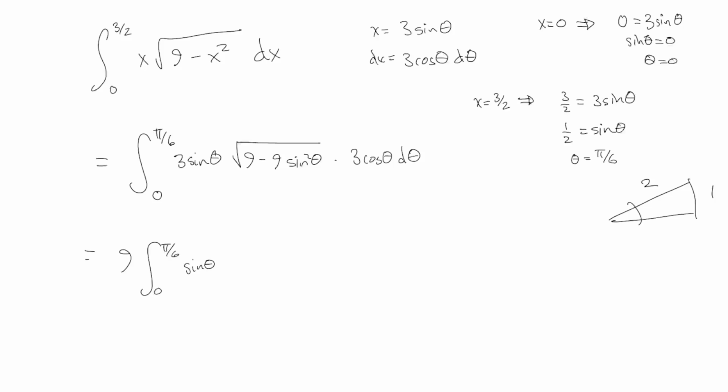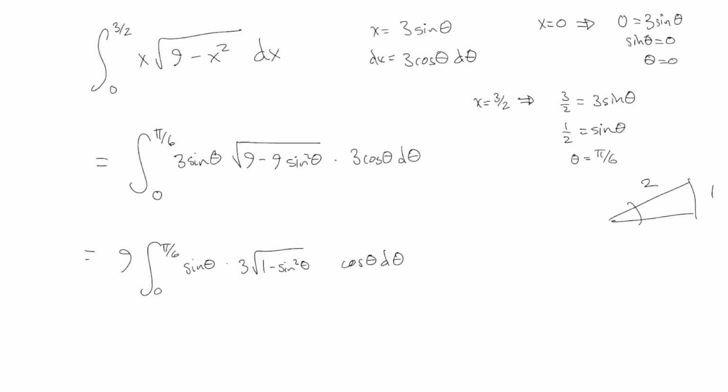Here, inside the square root, we can also factor out that 9, but it comes out as a 3 because I'm going to pull the 9 out of the square root sign. And then that's what remains inside the square root. I factored the 9 out, but because it's inside of a square root sign, it comes out as a 3. And then we got cosine theta d theta at the end.